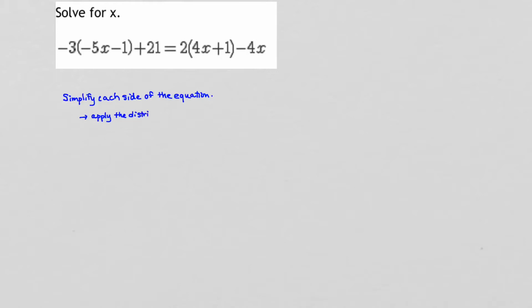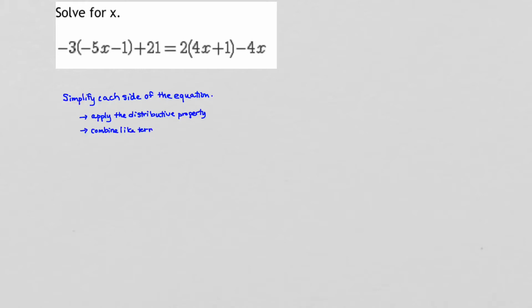And then the second thing, after you apply the distributive property, would be to combine like terms. So when we simplify each side of the equation, we're going to first apply the distributive property, and then we will combine like terms.